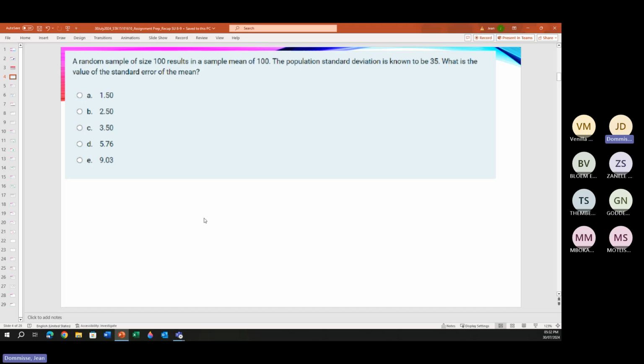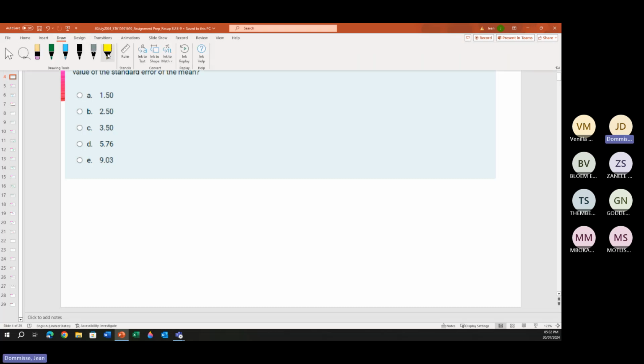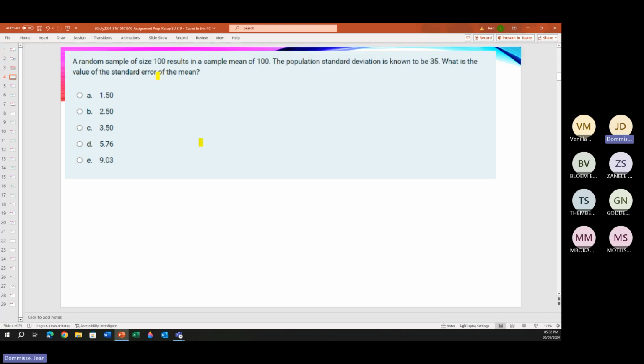Okay, so the first question, and also similar to one of the questions of last time, is we need to look at the information, but more important, what they want us to work out with this first question. So they want us to work out the standard error of the mean.